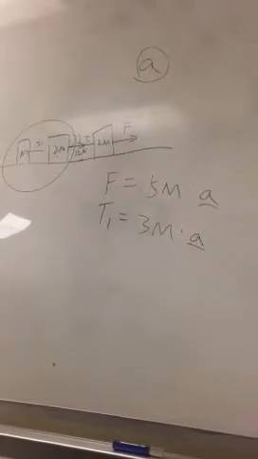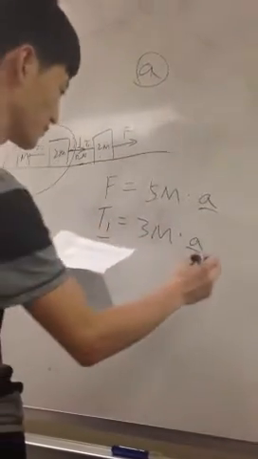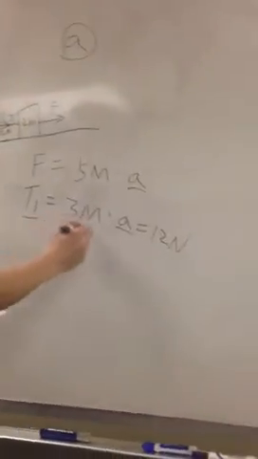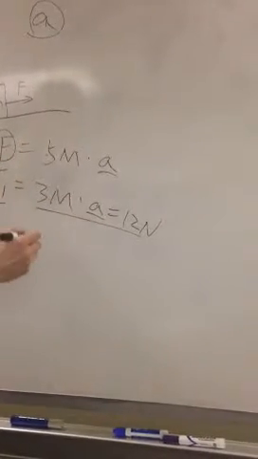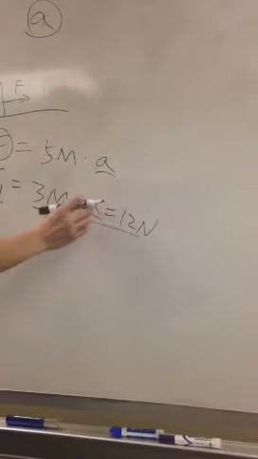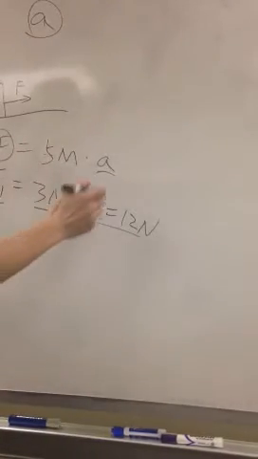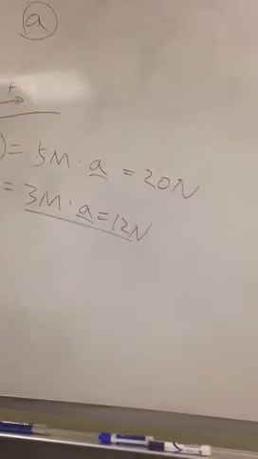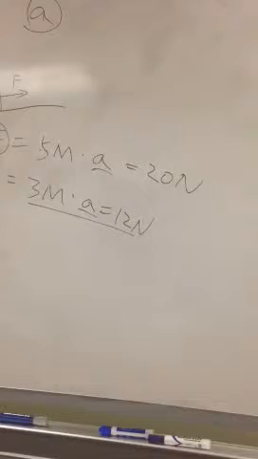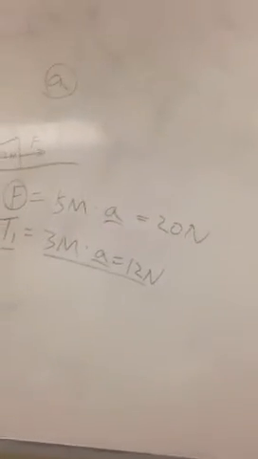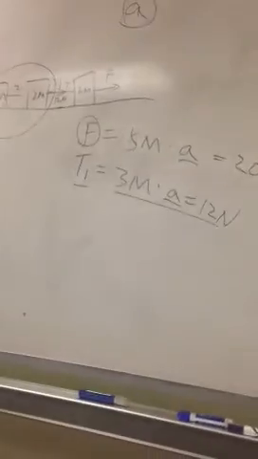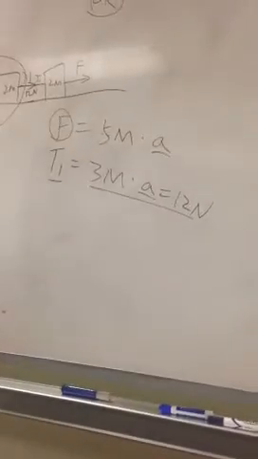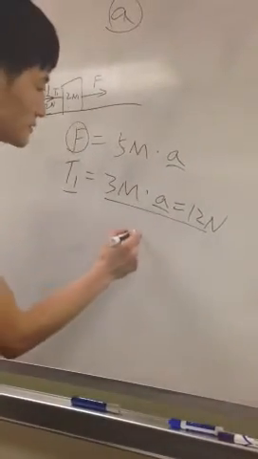So we know from the question the tension here is 12 Newton. So according to this, you can calculate the A, right? And then you solve the F. You will get the answer 20 Newton. They didn't give the mass, but you can cancel it out.